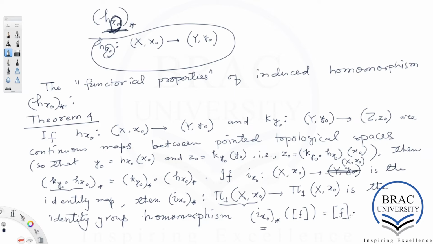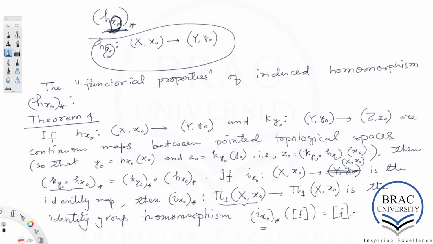This is what we mean by functorial property, because this induced map takes things from the category of topological spaces to things in the category of groups. We have things in the framework of topological spaces connected by continuous functions.